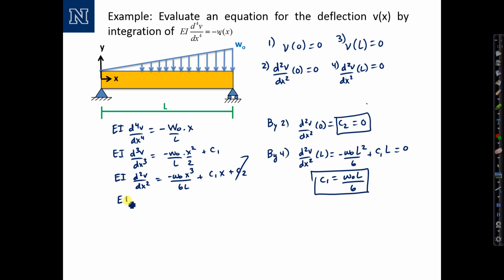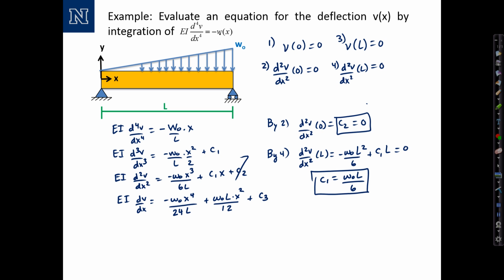Let's integrate again. EI dv by dx equals negative w naught x to the fourth over 6 times 4 is 24 times L, plus c1, I'll go ahead and add the value, w naught L over 6 times x squared over 2, so the denominator is going to be 2 times 6, or 12.